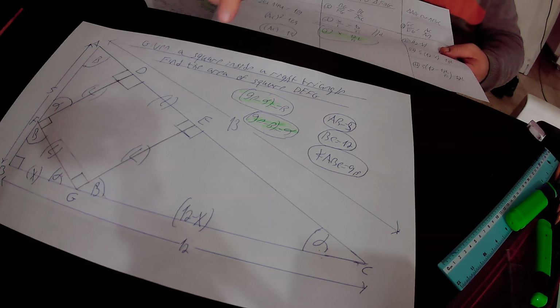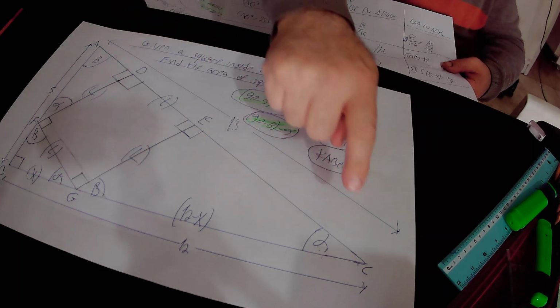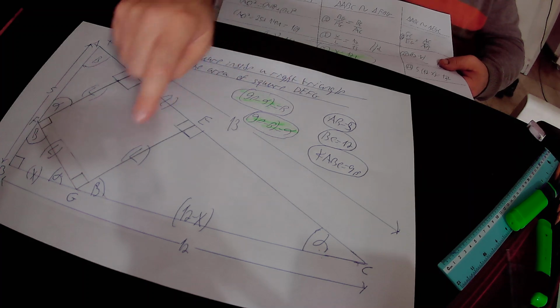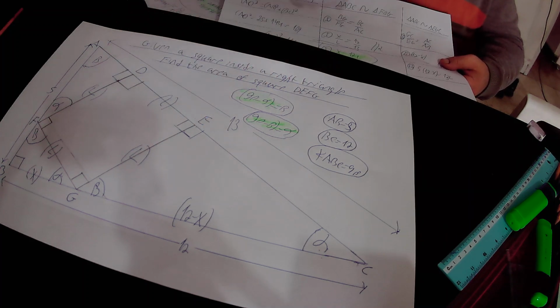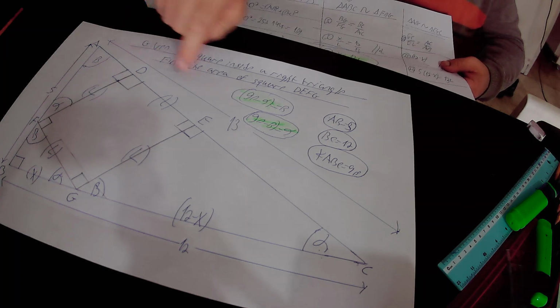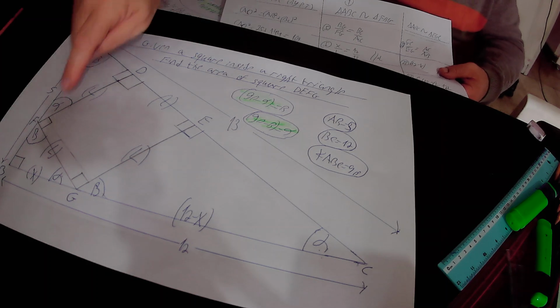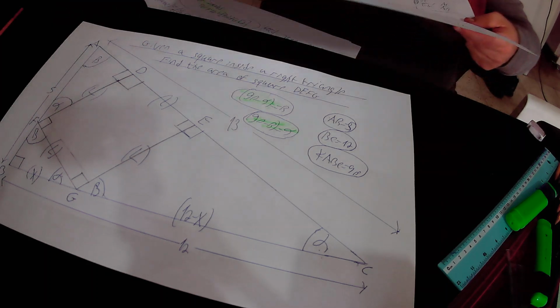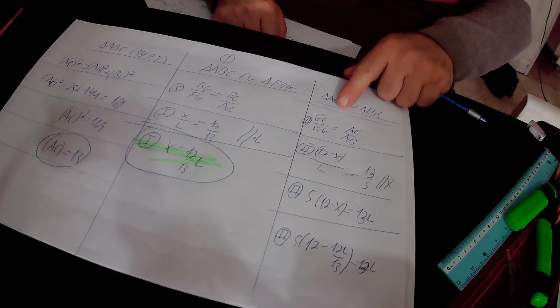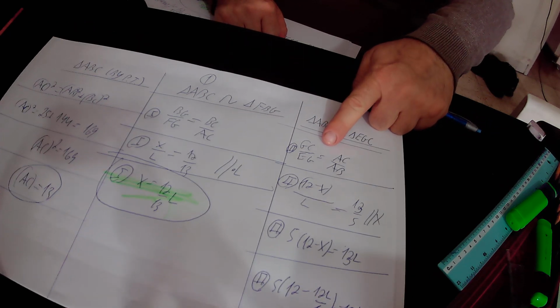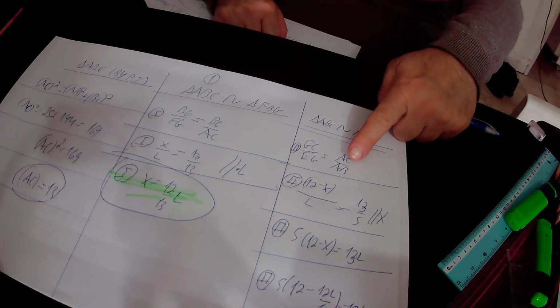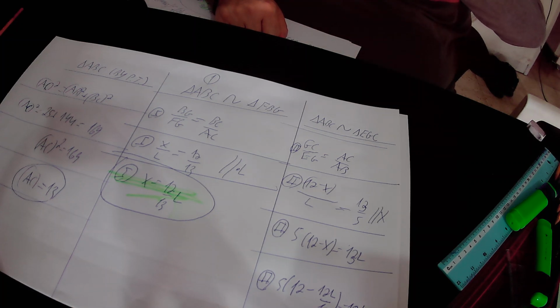Side GC over side EG in the right triangle EGC equals side AC over side AB in the right triangle ABC. Repeat again: GC over EG in the right triangle EGC equals AC over AB in the right triangle ABC.